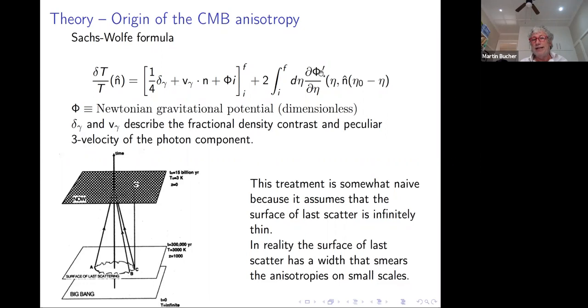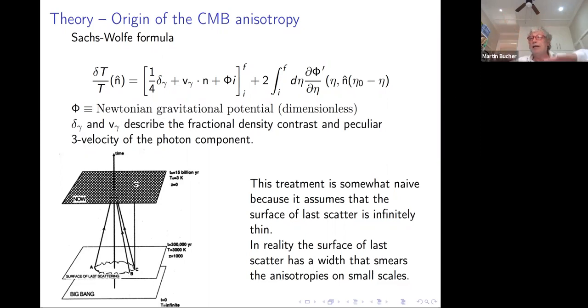You see that this term doesn't arise unless the potential is changing. If the potential is the same, the photon falls into a gravitational well and gets blueshifted, but when it comes out, there's a redshift that corrects for that.